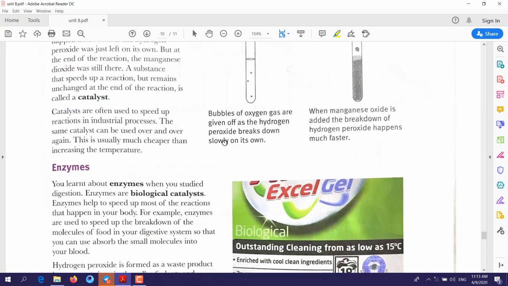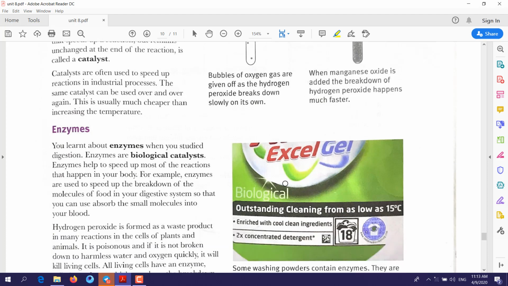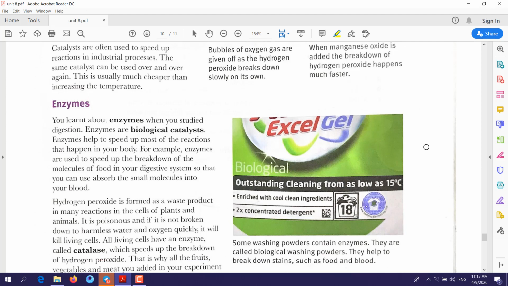Examples of catalysts. For example, Tide, bleach, all of these are examples. For example, if you are washing clothes and these clothes are dirty and have some oily spots, and you wash them with water, maybe the oil will not go, it will not vanish.